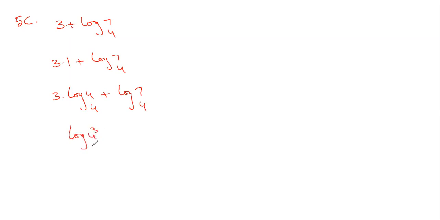Log 4 cube base 4 plus log 7 base 4. So log 4 cube into 7. 4 cube is 64. 64 into 7 is 448, base 4.